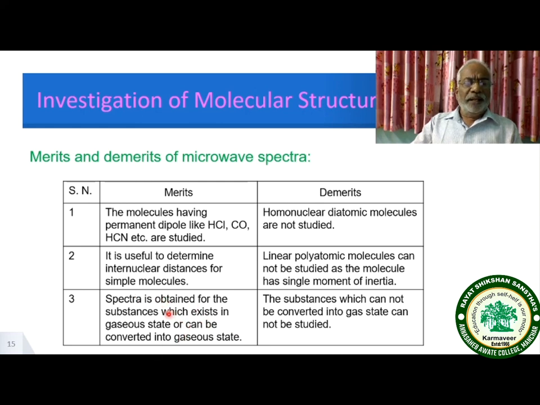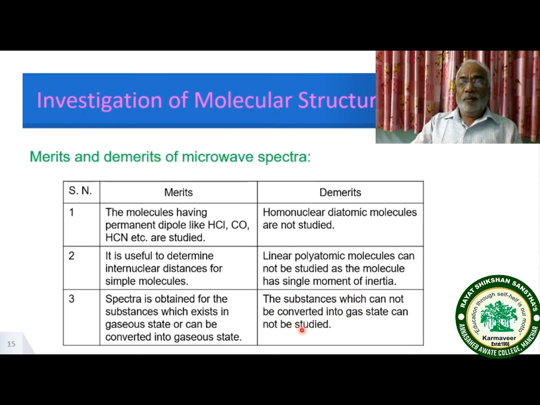The third merit that we consider here is that the spectra are obtained for substances which exist in the gaseous state or can be converted into the gaseous state only. But molecules which are not present in the gaseous state, or which are not able to be converted into the gaseous or vapor state, are not studied for microwave spectra.